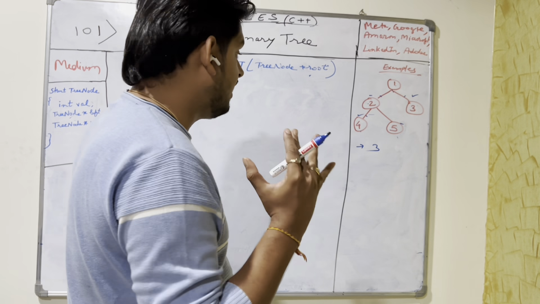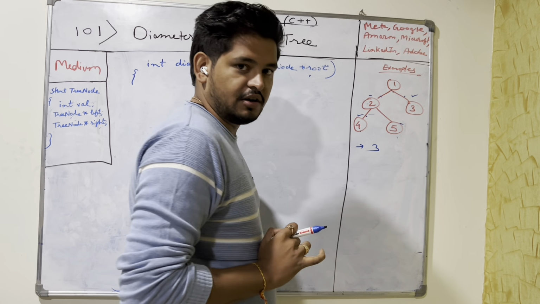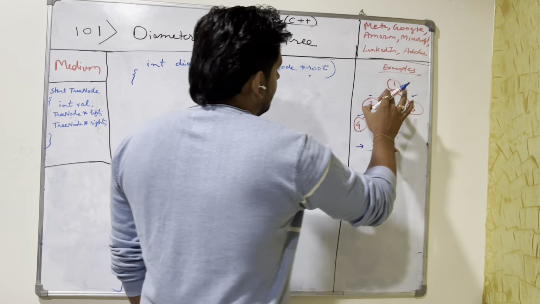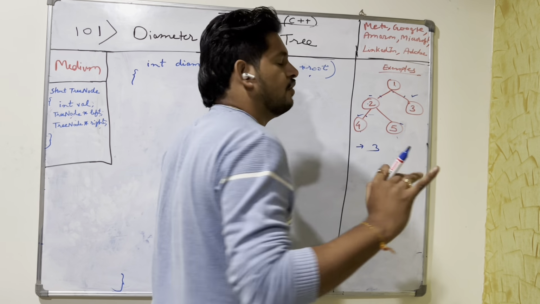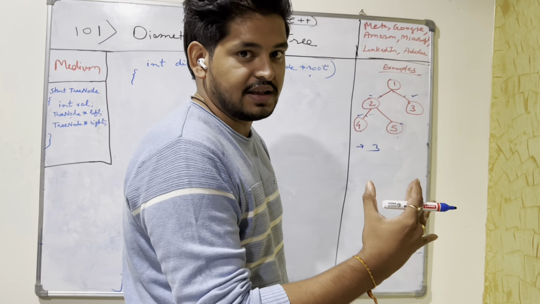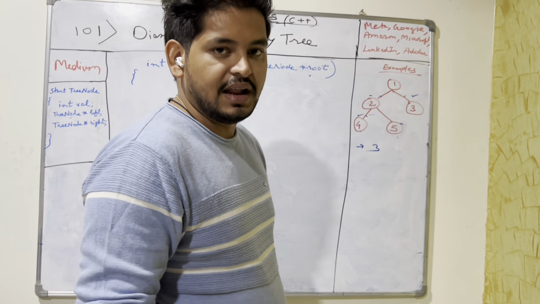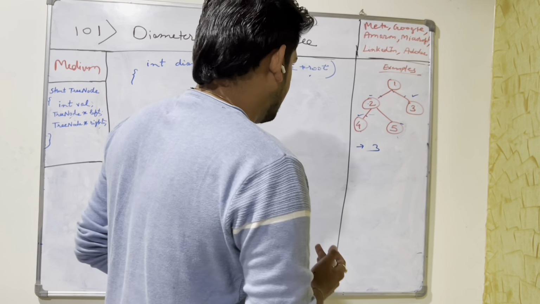Can we use that height of the binary tree to help us find the diameter? If we find the distance from one node to every node, we'll be able to know which node has the highest distance, like finding the maximum number in an array. Same logic we can apply.